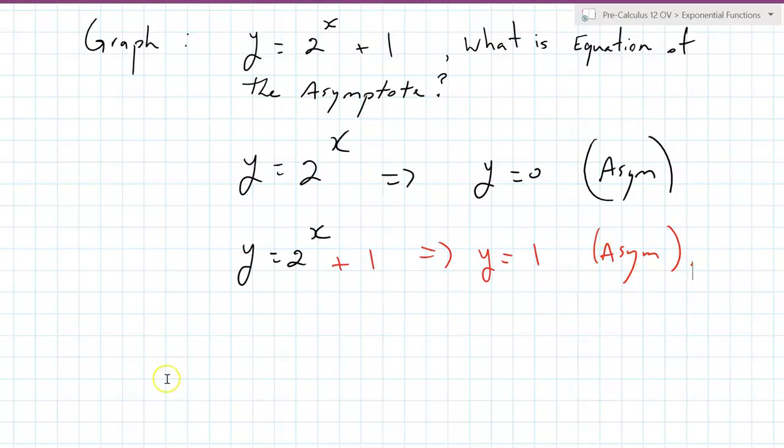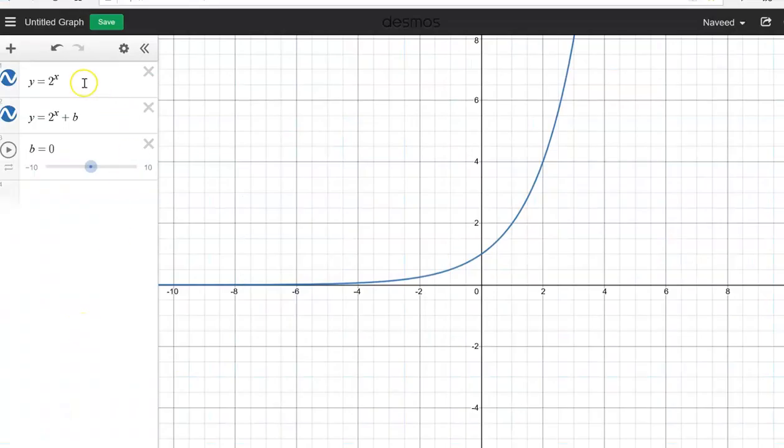Okay, now let's look at the graph. So look at this graph now. I punched in y equals 2 to the x, and I have the slider ready to go. As I am moving b, and now b is going up, so it's moving up, b is positive. Notice what is happening. The graph is moving up. The y coordinates of the function are moving up, but for the same values of x.